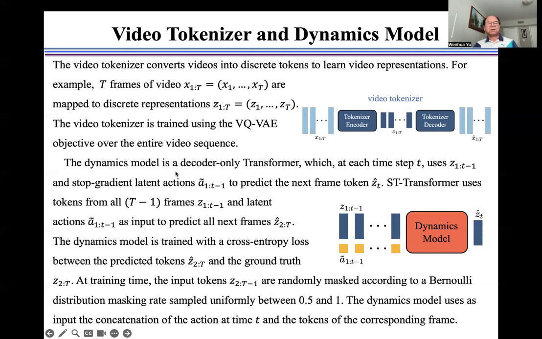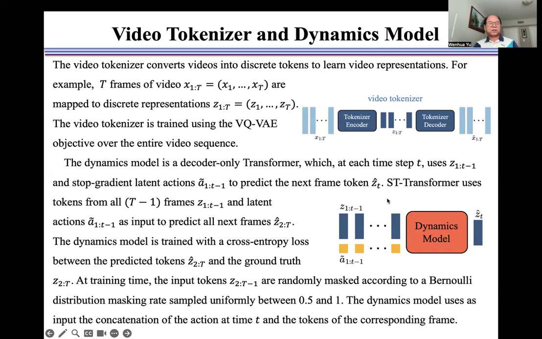The dynamics model is a decoder-only transformer, which at each time step t uses z1 to zT-1 and stop-gradient latent actions a1 to aT-1 tilde to predict the next frame tokens zT caret as shown here.